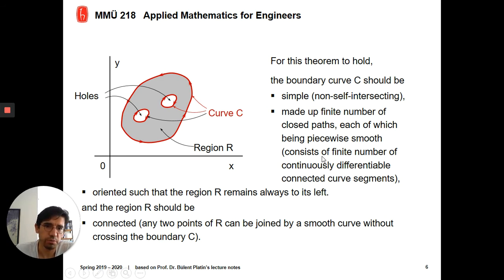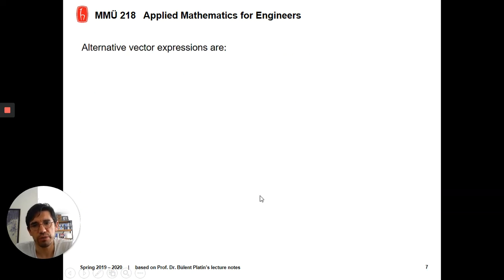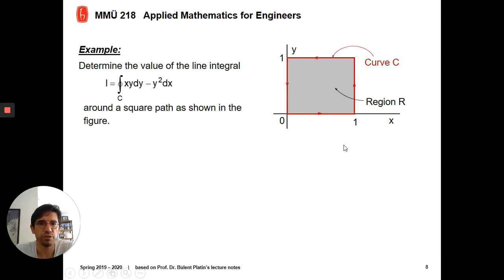But it could consist of a finite number of continuously differentiable connected curve segments. So maybe I'm not going to be able to differentiate this discontinuous curve. It's like bending 90 degrees every now and then. But I could pull the segments out, which makes sense, and do the integration as such. That's a legit way.